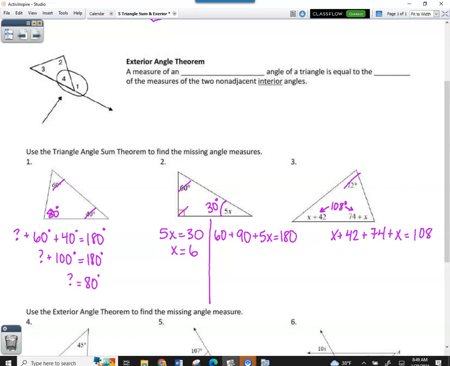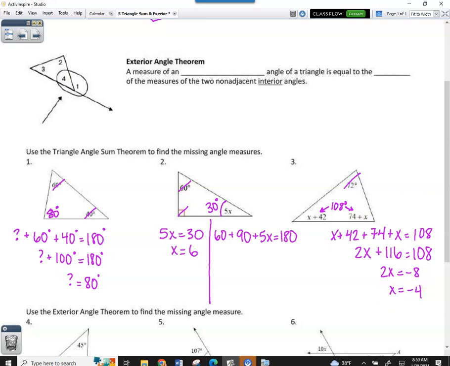Is that right? So combine your like terms. You got 2x's plus 116. And then 108 minus 116 equals what? Negative 8.